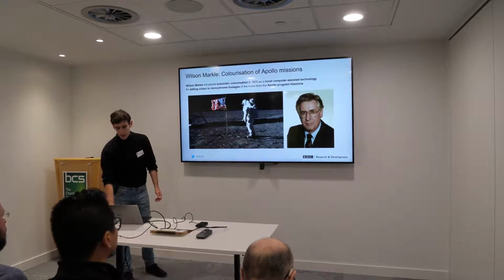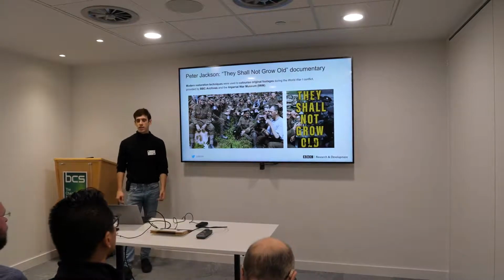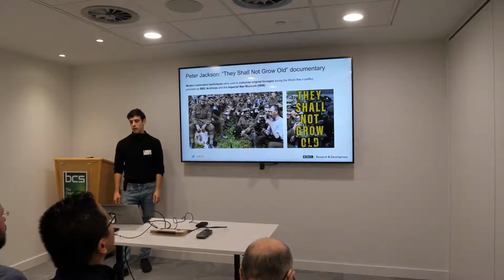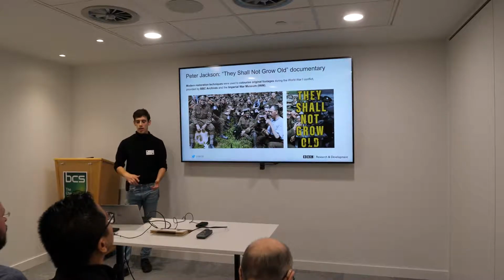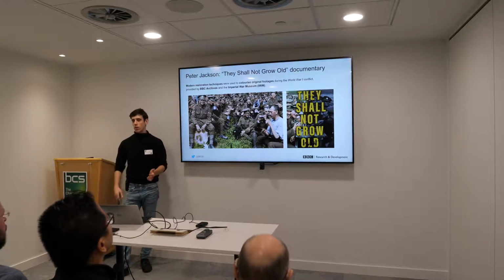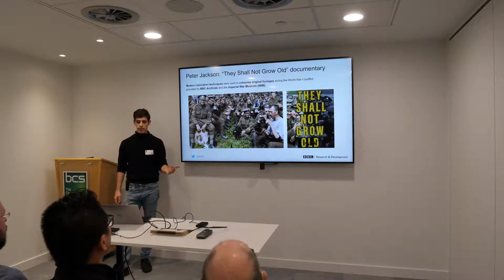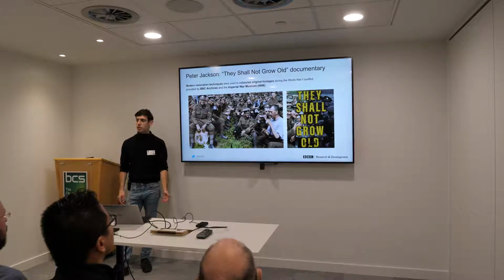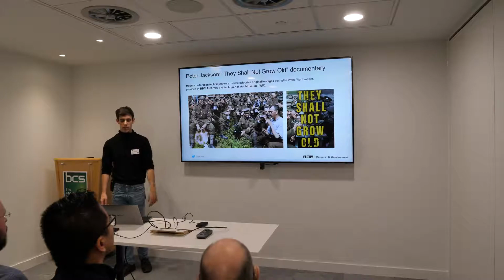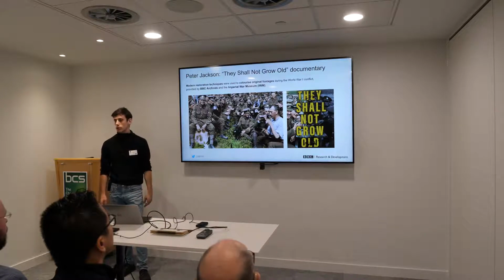A more recent example is this Peter Jackson documentary of the First World War, in which he applied colorization and other restoration techniques to get a colorized version of some interviews, provided by the BBC and the Imperial War Museum.